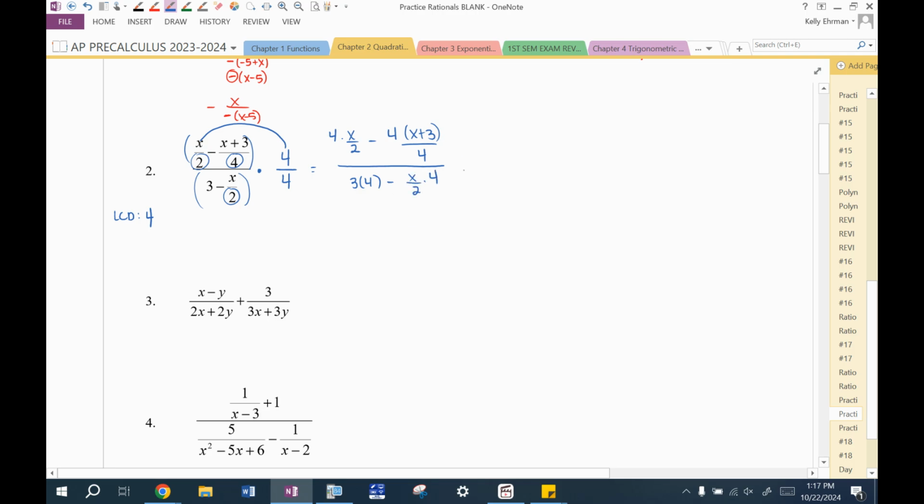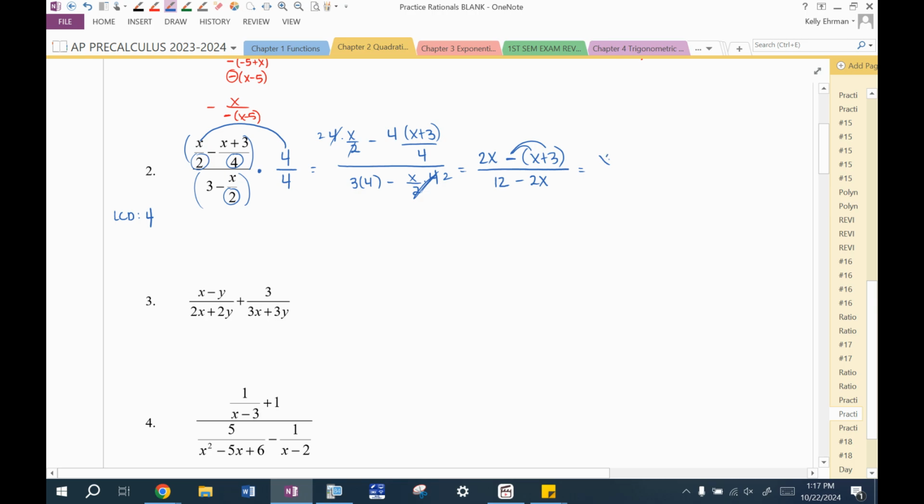So the 4 over 2 will cancel out. That's 2x. And the 4 over 4 will cancel out. Careful here. Minus the quantity x plus 3. 3 times 4 is 12. And then here the 4 and the 2 will divide out to 2, so minus 2x. Remember to distribute the negative through.